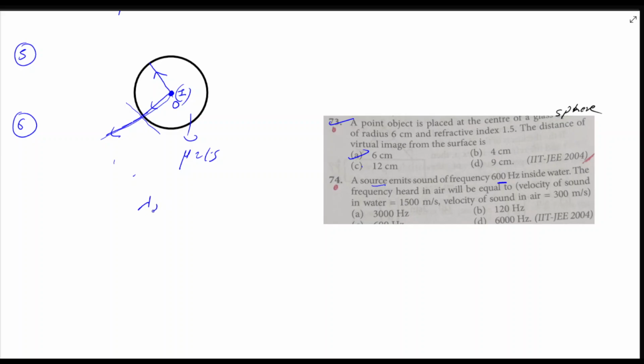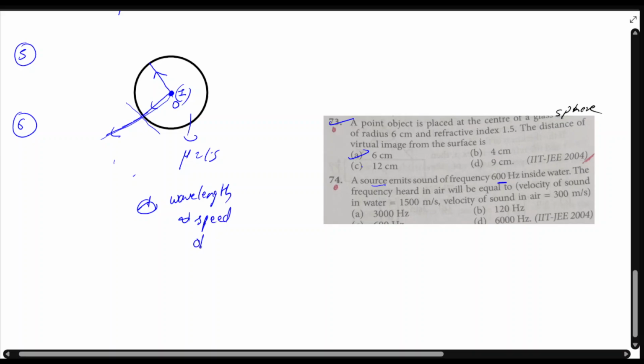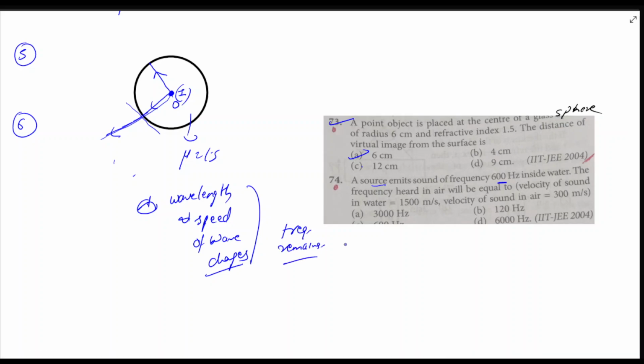So only the wavelength and speed of the wave change during refraction. Frequency remains constant. So it will be 600; this option was 600 actually. So C will be the option. Nothing we have to do in this question also.